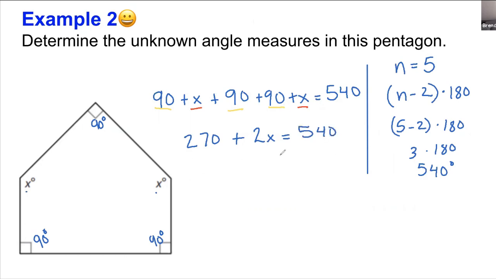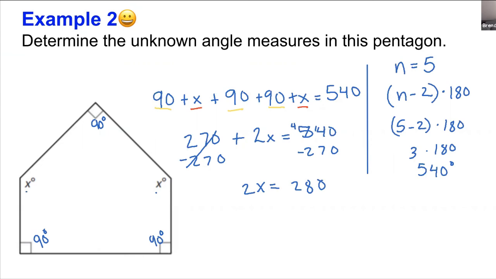All right, let's now solve for our value of x. So subtract 270 from both sides. 540 minus 270, borrow 1, 14, 7, 13, 6... we have 0, 7, and 2. 270, sorry, 7 and 7.